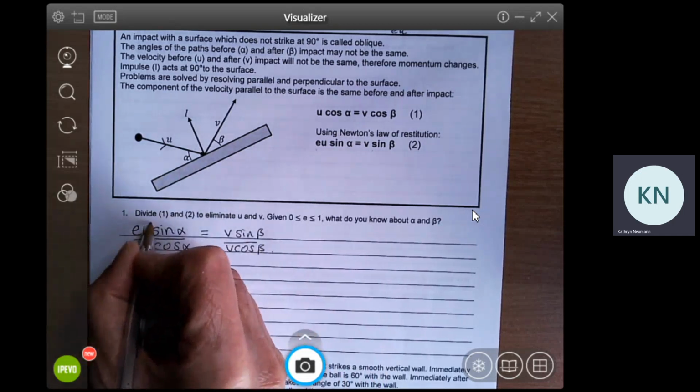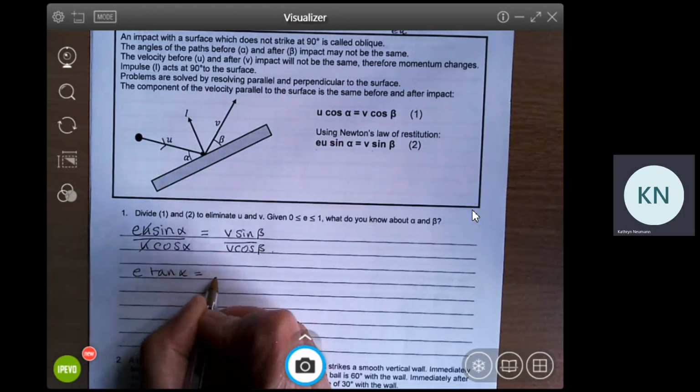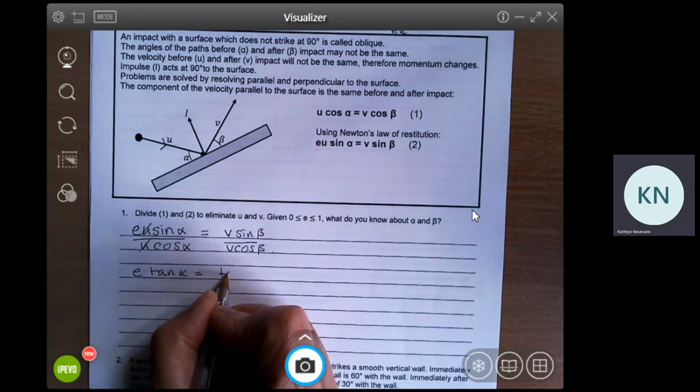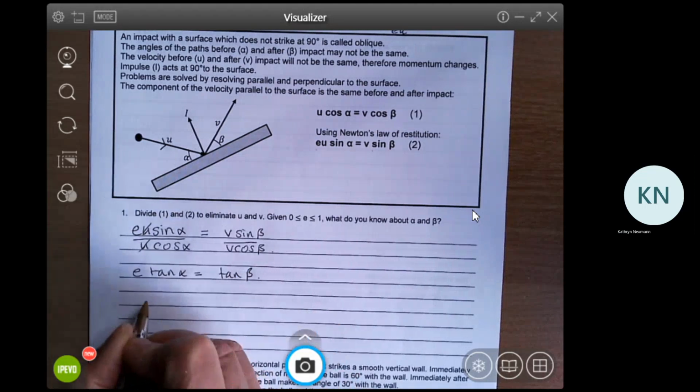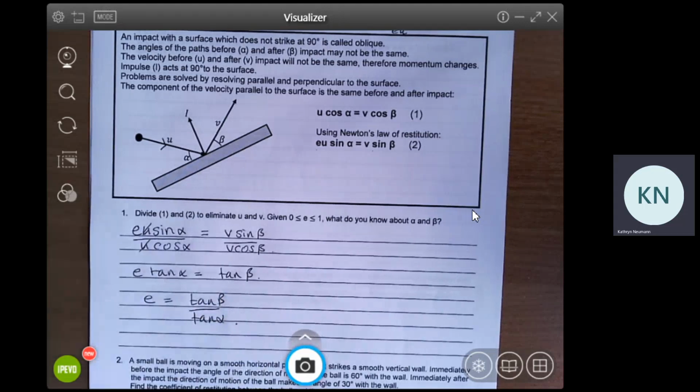So cancelling the u's and v's there, I get that e tan alpha is tan of beta. And that gives me that e is tan of beta over tan of alpha.